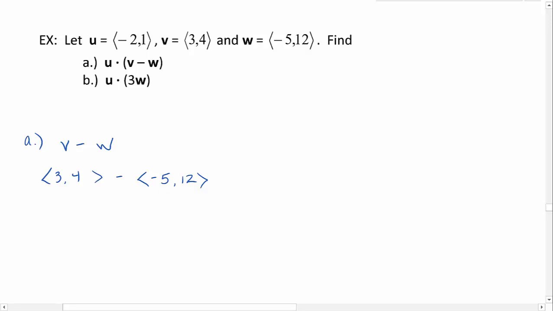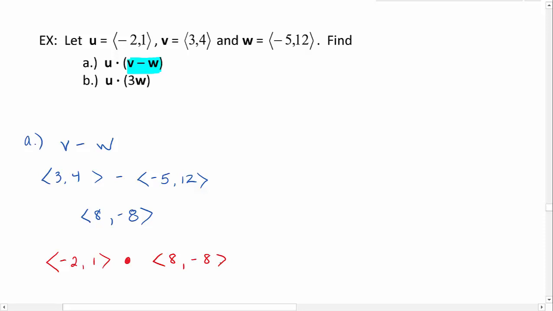So 3 minus negative 5 is going to be 8, and 4 minus 12 is negative 8. So what we've done so far is just v minus w. Now we're ready to dot this result with u. So we're going to dot ⟨negative 2, 1⟩ with ⟨8, negative 8⟩.